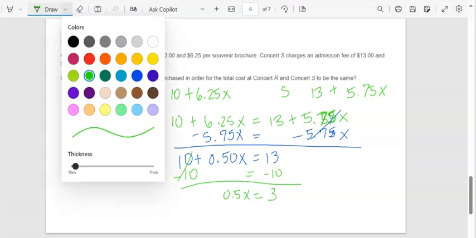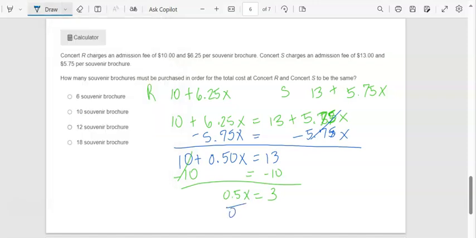All right, and then last step, you can divide by 0.5. Put that into your calculator. What is 3 divided by 0.5? You should get 6 when you put that into your calculator, or maybe you already did.